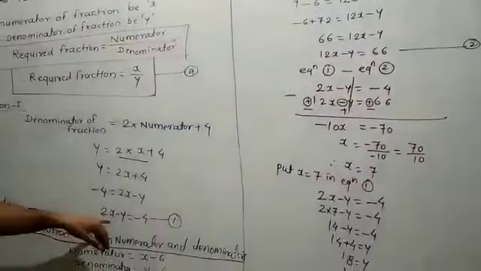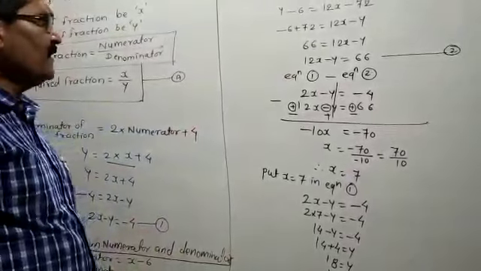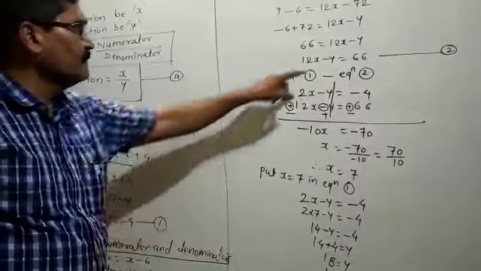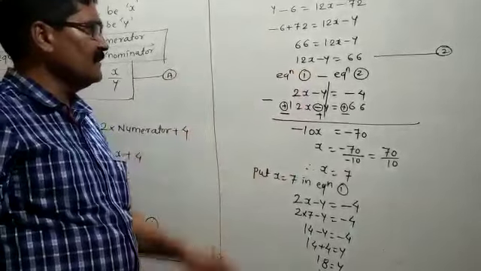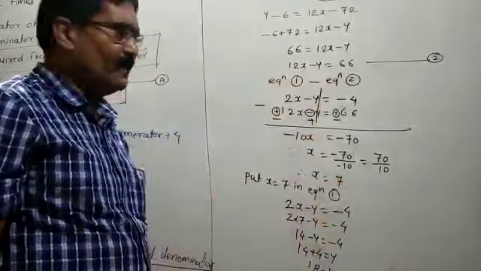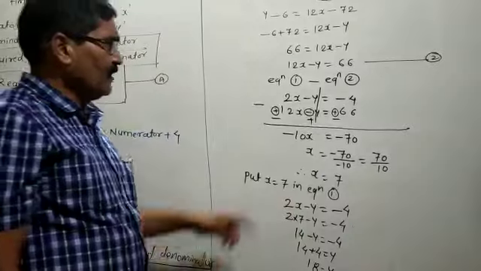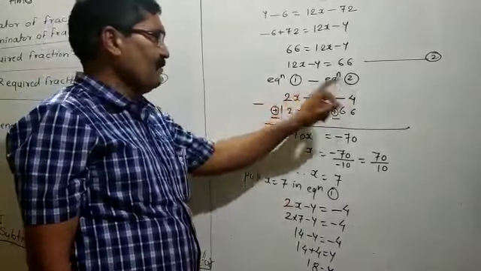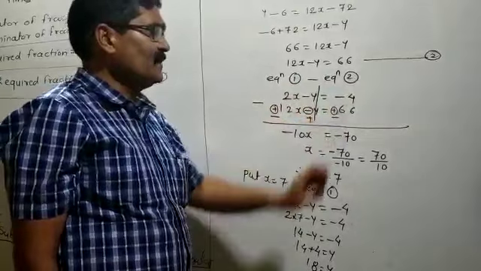If you observe the first equation and the second equation, the coefficients of y are the same and they have the same sign. In the same sign you have to do the subtraction. That's why I am writing equation 1 minus equation 2, because the coefficients of y are the same. 2x minus y is equal to minus 4, 12x minus y is equal to 66.